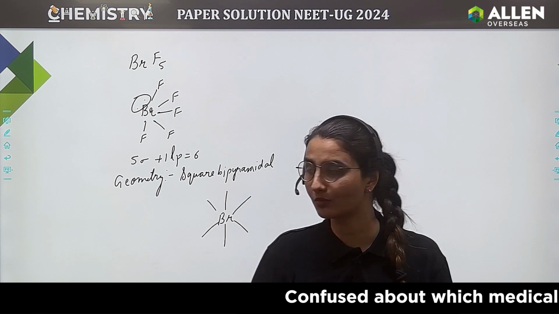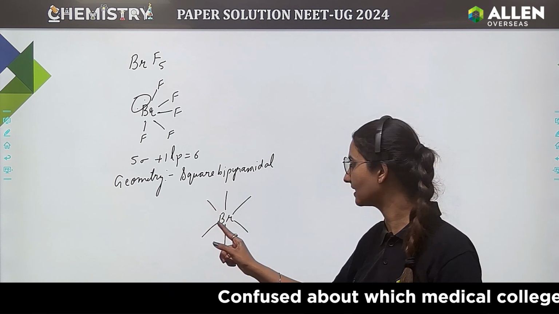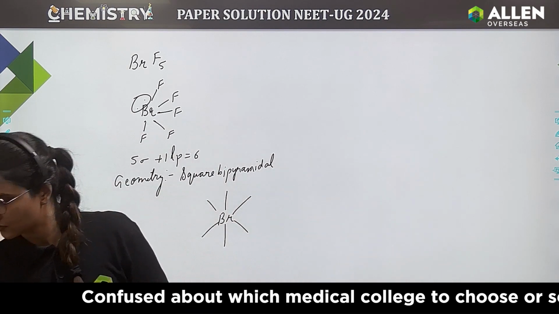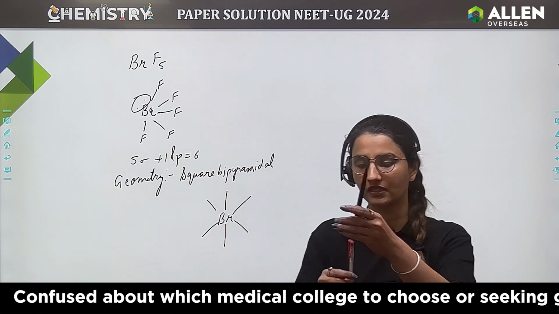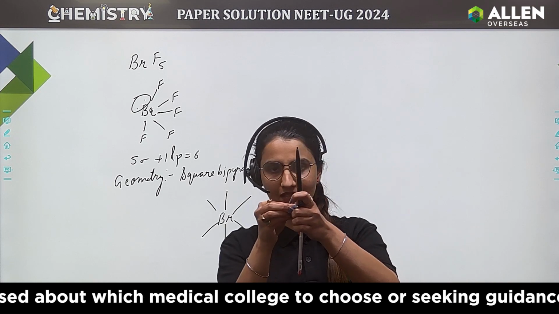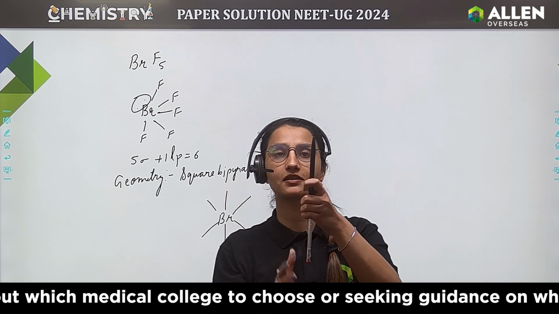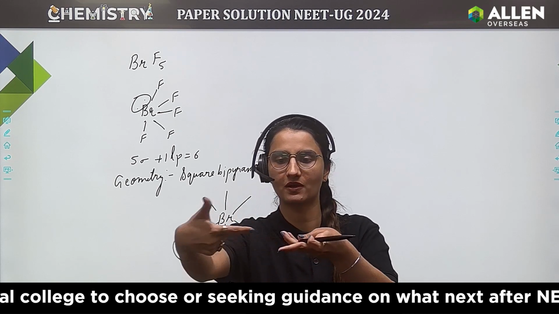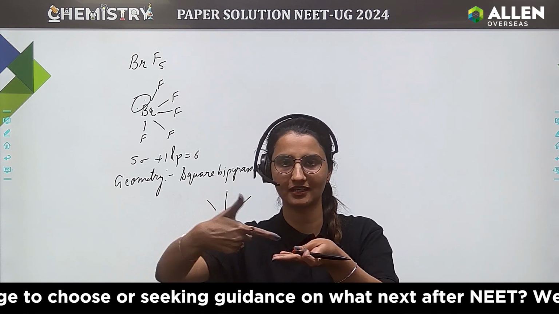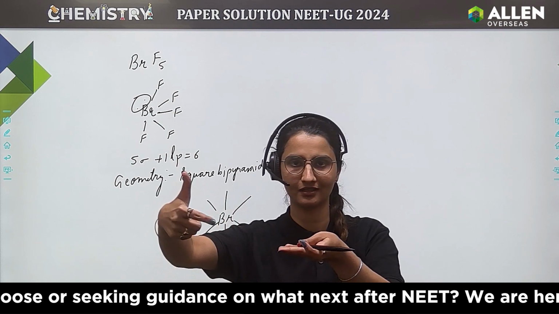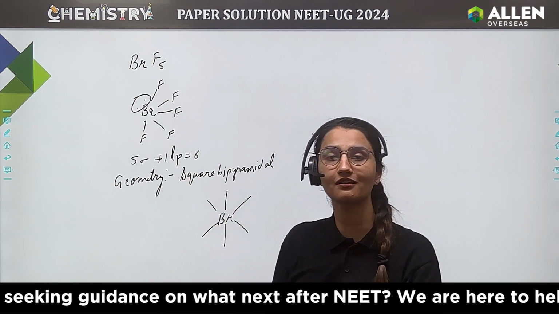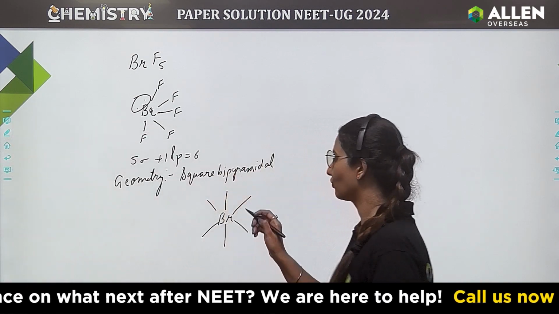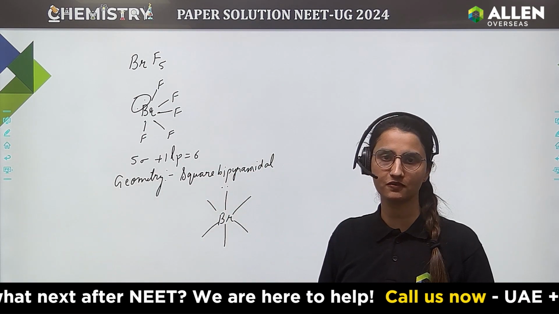What are equatorial bonds, students? These bonds which are in plane: 1, 2, 3, 4. Suppose Br is in the center, the bonds which are perpendicular are axial. And the remaining 4 bonds, which you'll put one here and one here, 4 bonds in this one plane, will be our equatorial bonds. So here the lone pair will come on axial position.